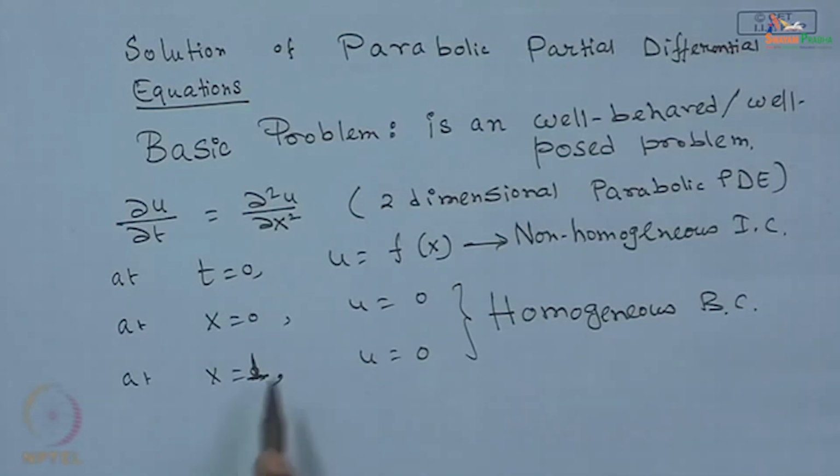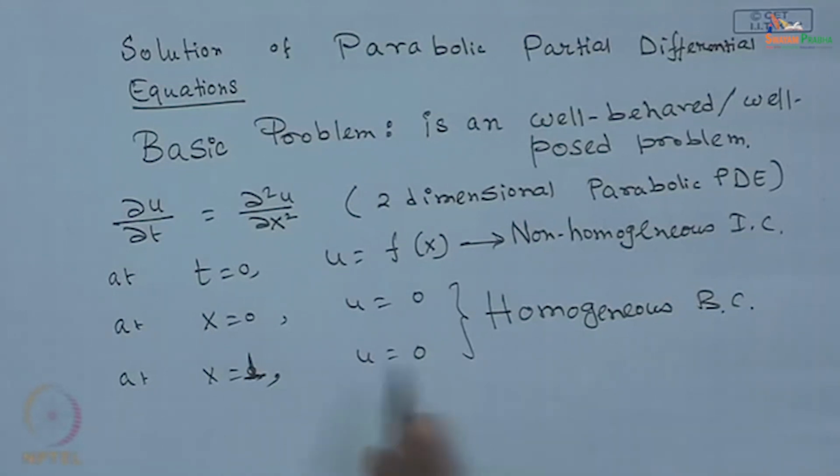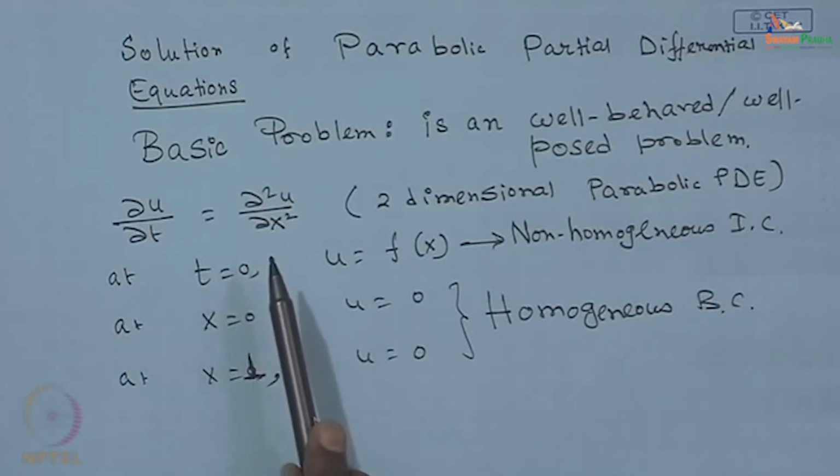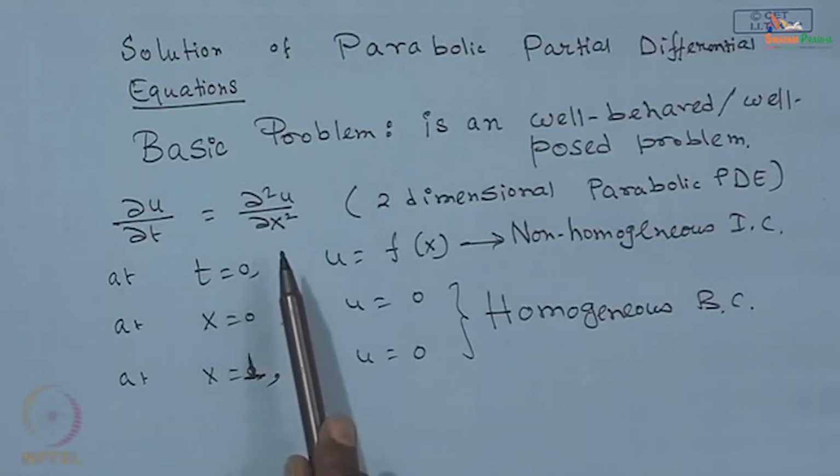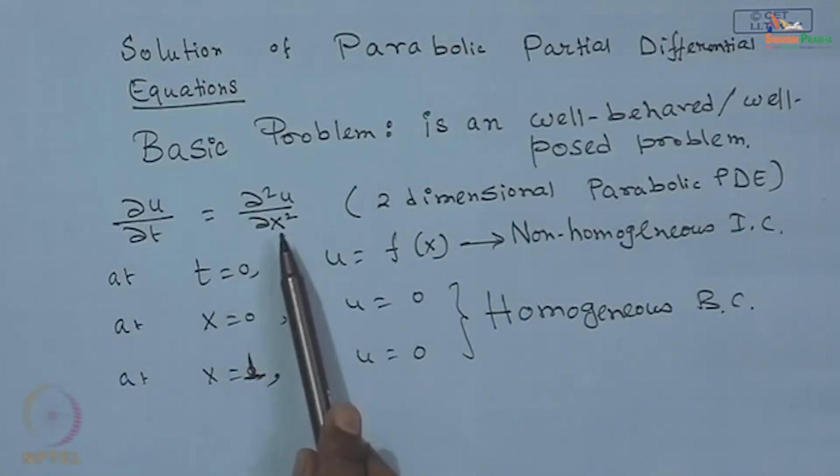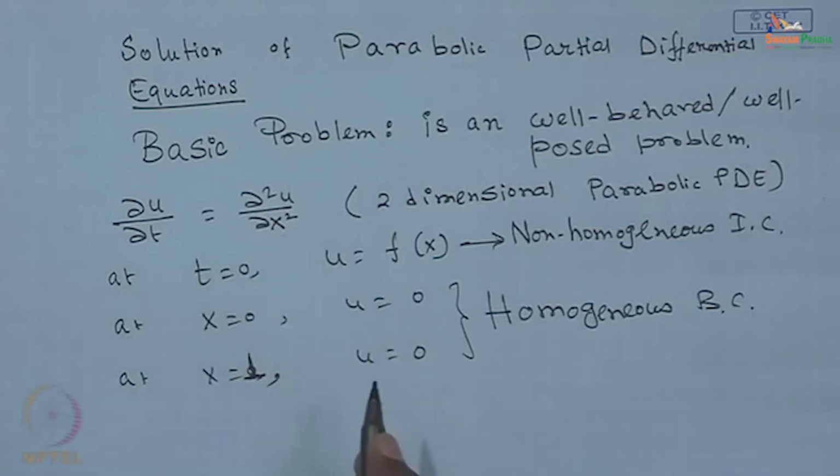So, if you look into the solution by using the separation of variable method, the solution is assumed to be composed of a product of two functions, one a function of space alone, another a function of time alone. But before going into that, we must see under what conditions one can use the separation of variable method to solve a partial differential equation.